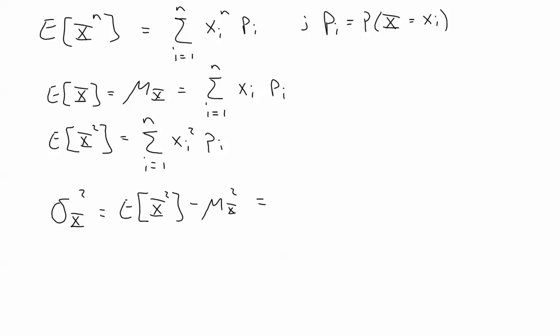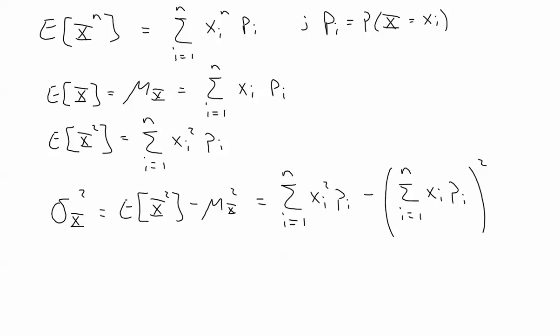Very simply, that is summation from i equals 1 to n of x sub i squared times p sub i minus the square of the quantity there. Pretty straightforward. All right. So from time to time we will examine additional random variable types, and as necessary we will calculate their means, mean squared values, variances, and standard deviations.